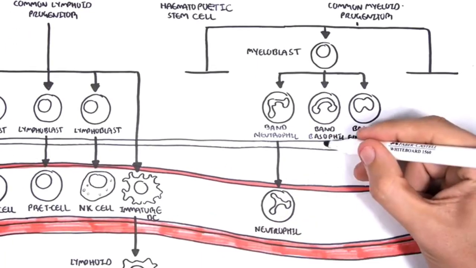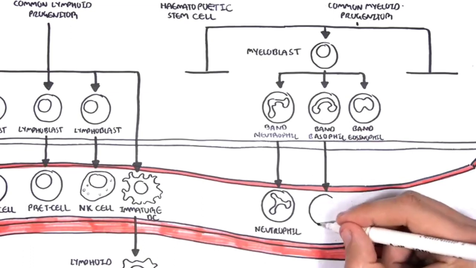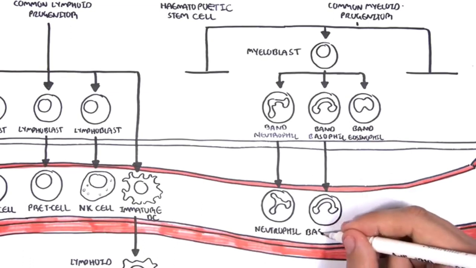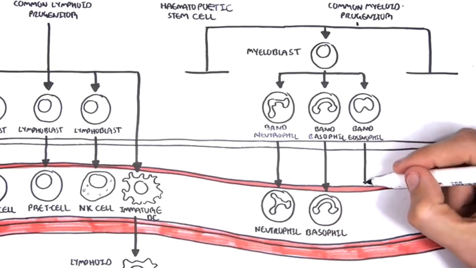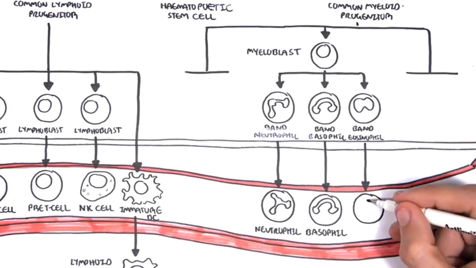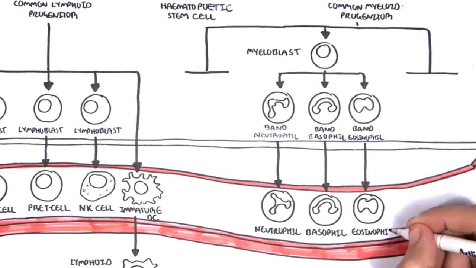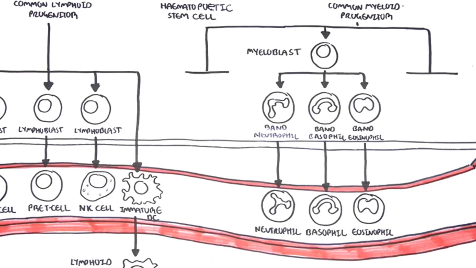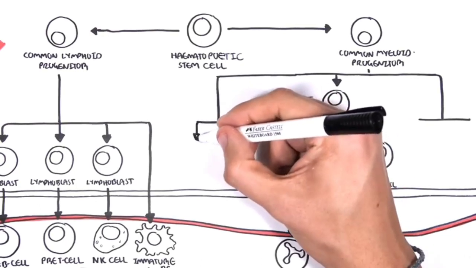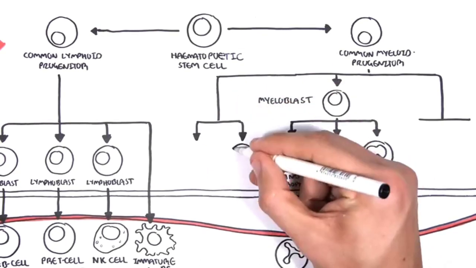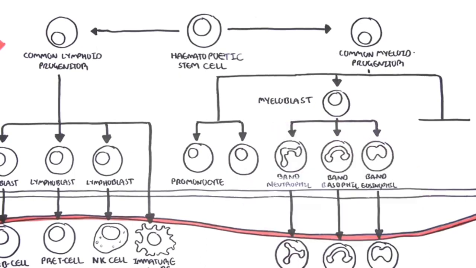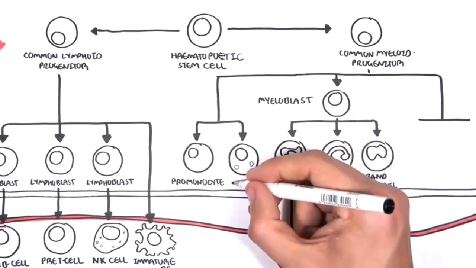But once they enter the blood circulation, they become mature and what we know as neutrophils, basophils and eosinophils respectively. The neutrophils are important in acute response to infection and inflammation. Basophils are important in allergy and parasitic infection, and eosinophils are also important in allergy and hypersensitivity.